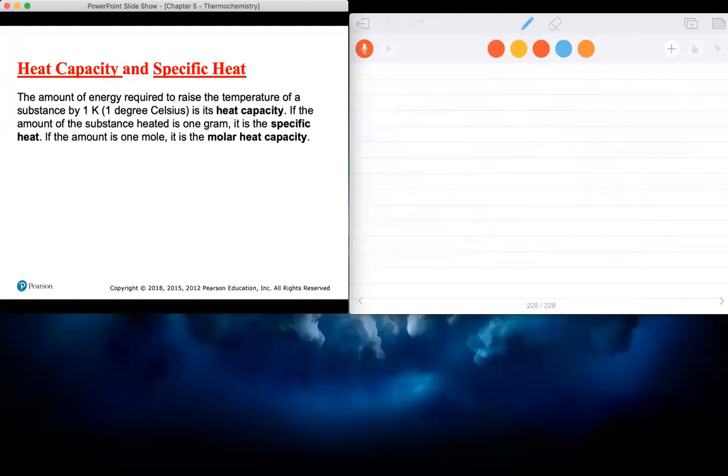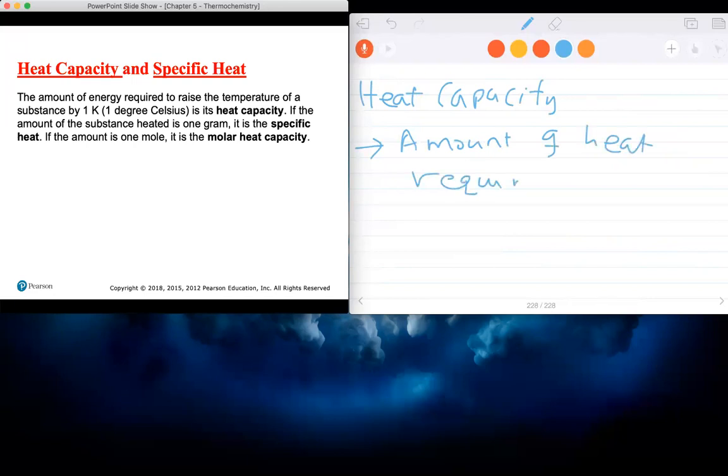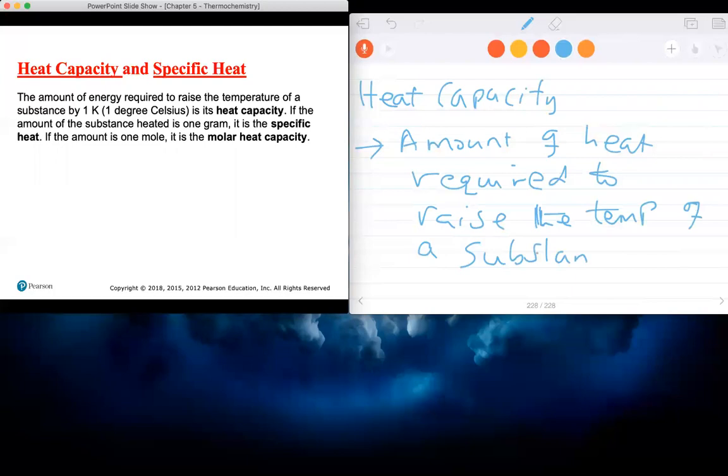Whereas heat capacity is simply heat capacity here. It's not specific. Heat capacity is simply the amount of heat required to raise the temperature of a substance by 1 degree Celsius or 1 Kelvin.